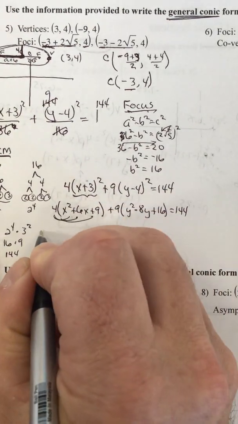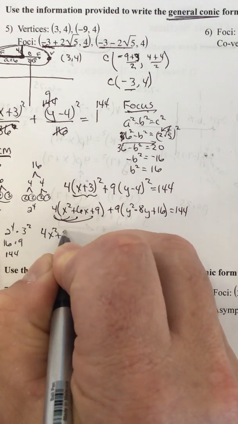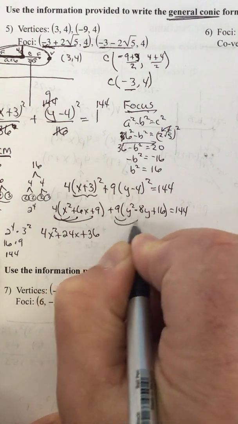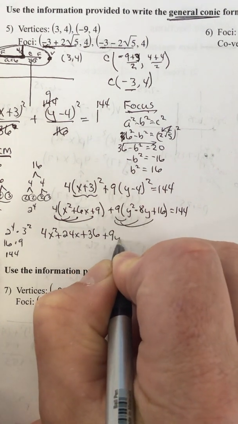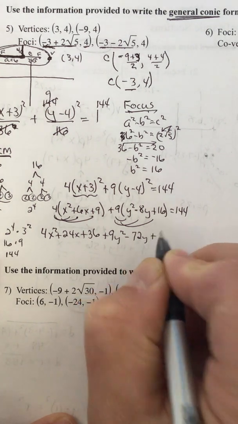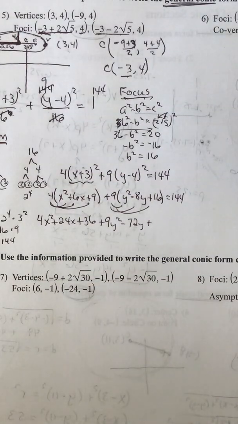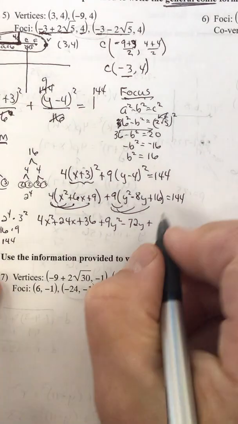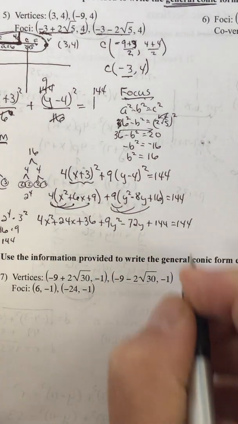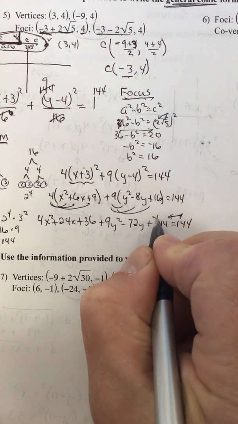Multiply in the 4, so now I've got 4x squared plus 24x plus 36. Multiply in the 9, plus 9y squared minus 72y plus 144. Equals 144. Okay, well, I'm going to set it equal to 0.